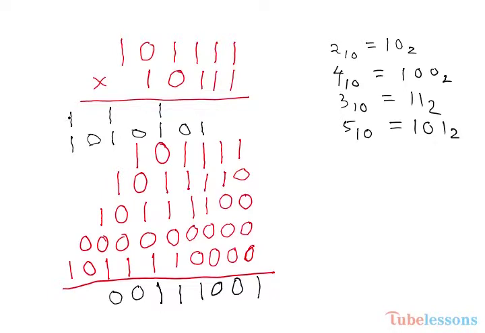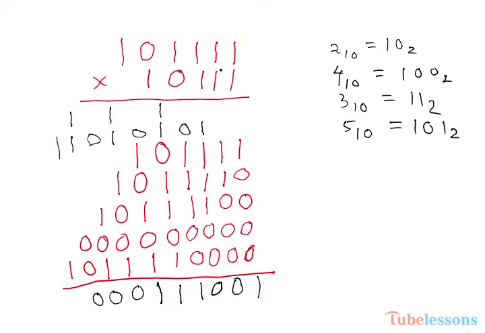Now 1 plus 1 is 2. 2 is equivalent to binary 10. So let's put that 0 here and 1 will be carried forward to here. Now 1 plus 1 is 2. Decimal 2 is equivalent to binary 10.